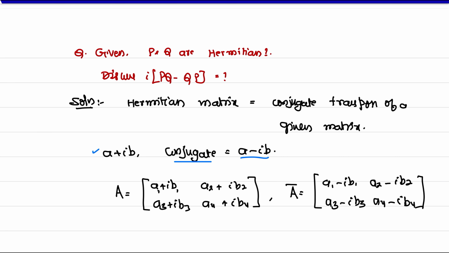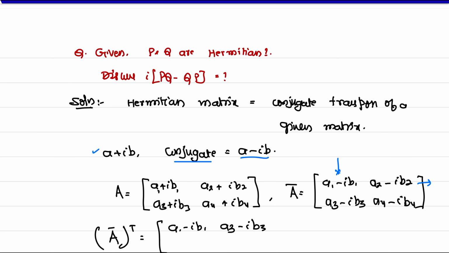Now, what is the conjugate transpose? Columns will become rows and rows will become columns. This is the column a1 minus ib1. Let us take column 1: a1 minus ib1, and this column will become the row, then a3 minus ib3.